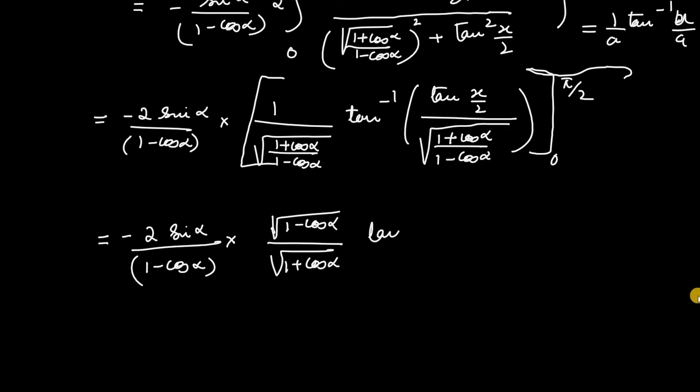Then tan inverse of, substitute now, x has to be replaced by pi by 2. So we have 2 again here. So we'll get tan pi by 4. Tan pi by 4 now divided by a. So this one will come to the numerator. It will be 1 minus cos alpha by 1 plus cos alpha.